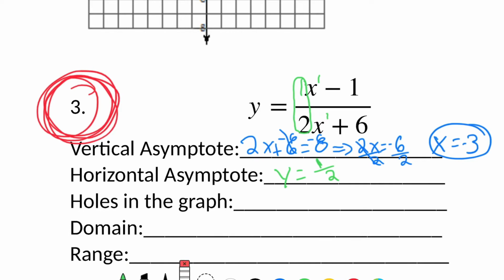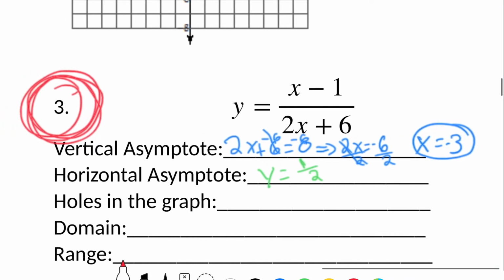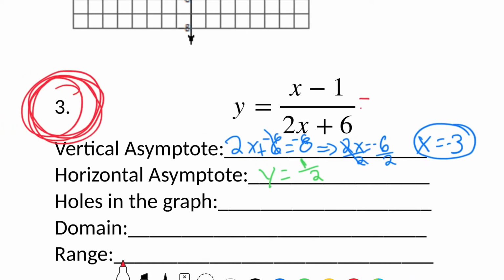Now the holes in the graph. So we're going to factor every part that we can and determine if there's any holes or any common factors in the numerator and denominator. Well, can we factor x minus 1 anymore? No. In the denominator, can we factor 2x plus 6? Yes, because there is a GCF.